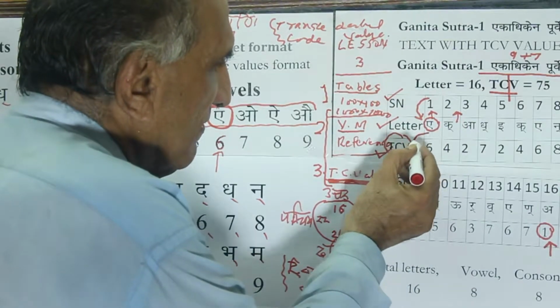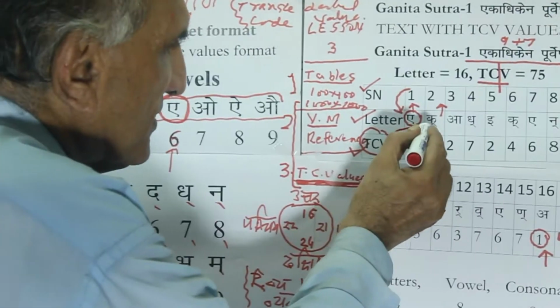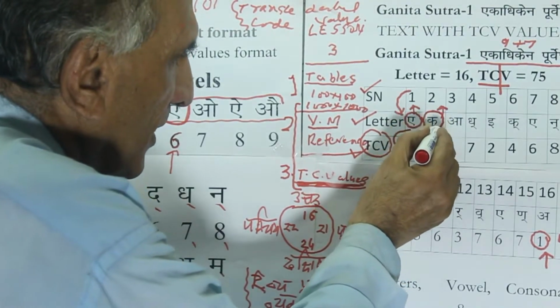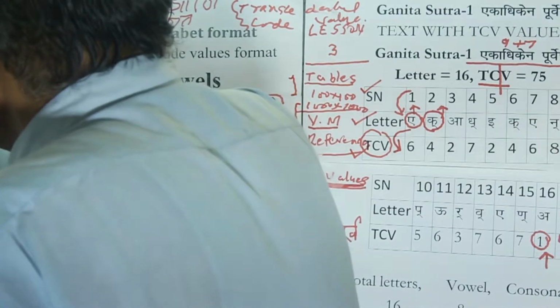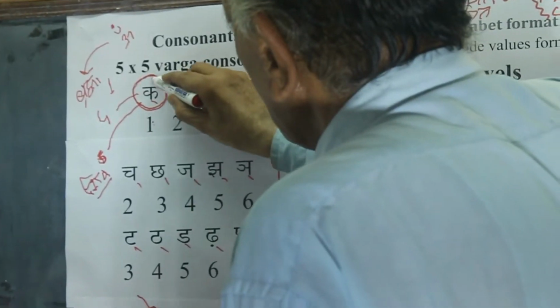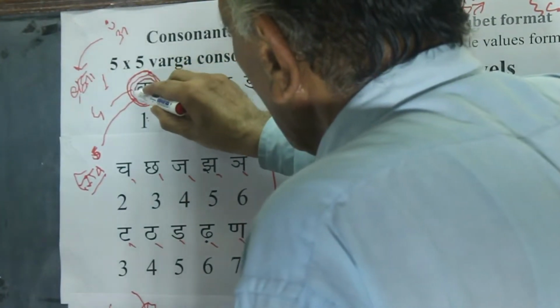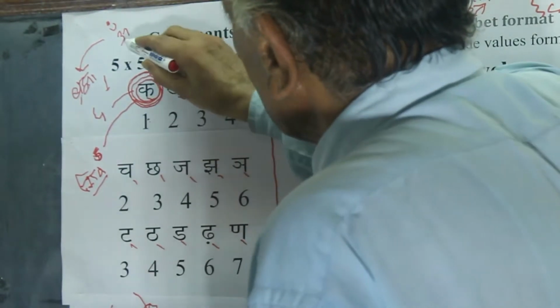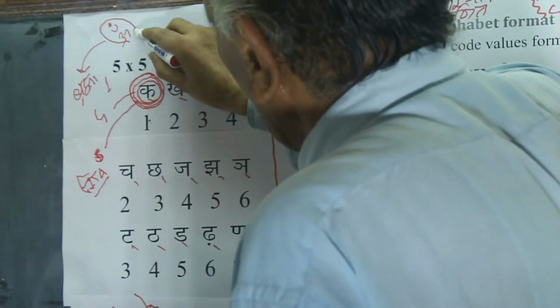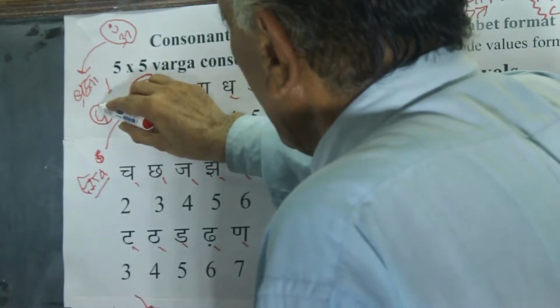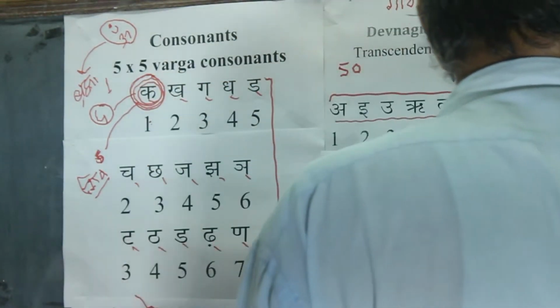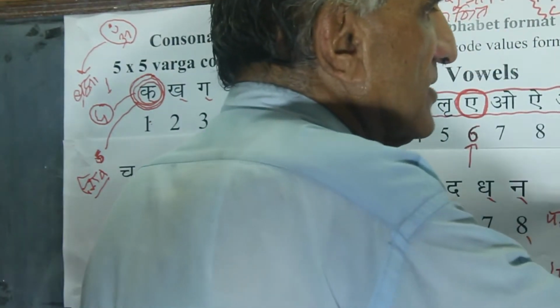Therefore, in the third row, beneath serial number 1, the first letter A, it associates value 6. Now, the second letter Ka is a placement in the Varga consonants. It is this placement where it has value 1 as an Om, but when it unfolds, it becomes value 4 as Ka Brahma. This is the reason why it gets 4.